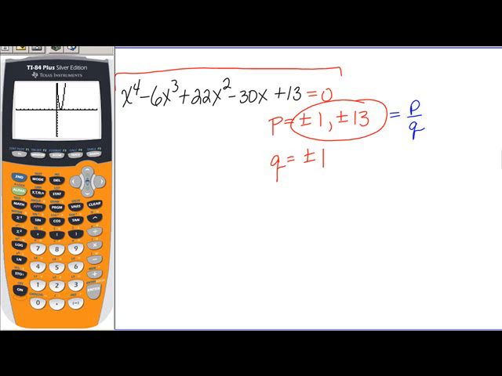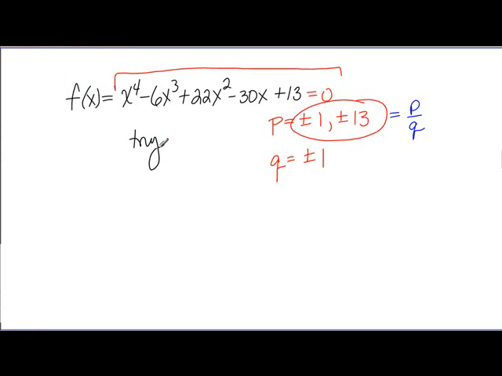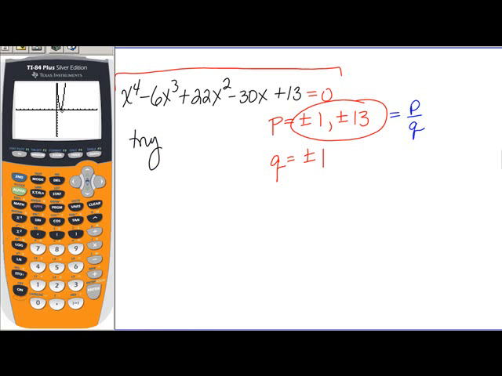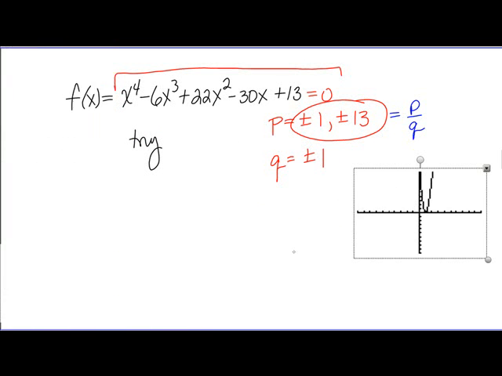Remembering what we know about graphs of polynomial functions, it looks to me, based on that graph, that 1 is going to be a 0, and it might be a 0 twice. It might have multiplicity 2.